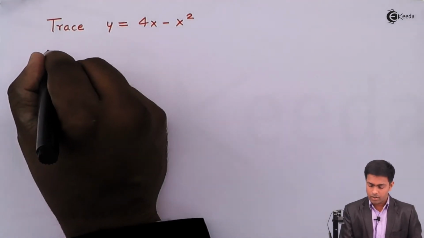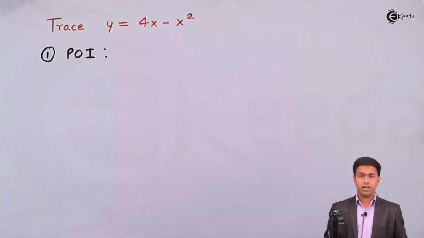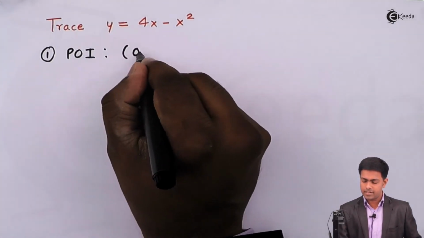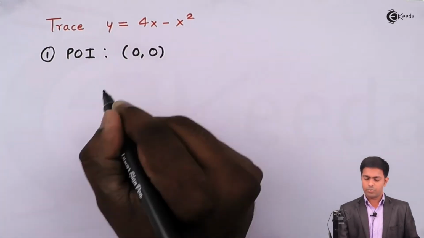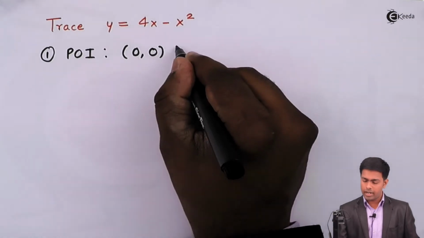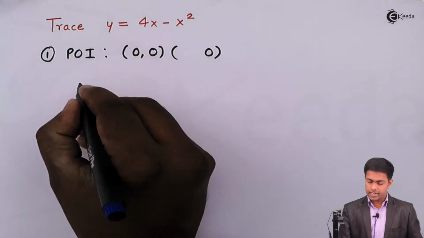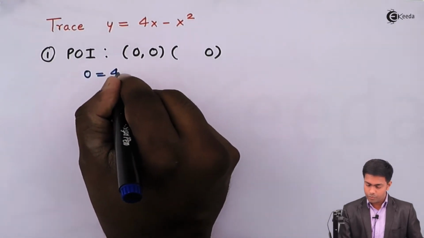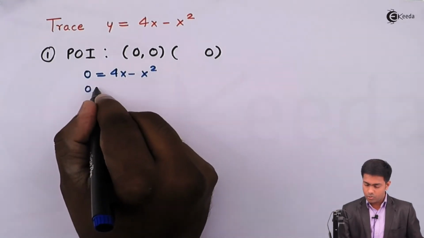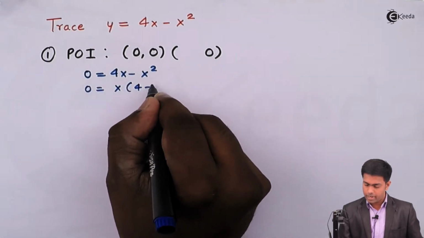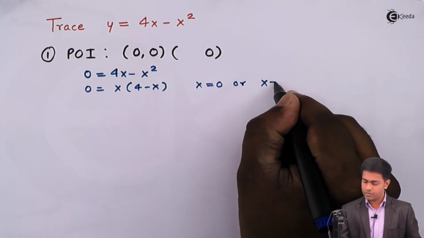Step number 1, we'll check the point of intersection. For that we'll first put x as 0. When we put x as 0, we get y as 0, and then we'll put y as 0. Here we get 0 equal to 4x minus x square, or 0 equal to x into 4 minus x, which gives us x as 0 or x as 4.